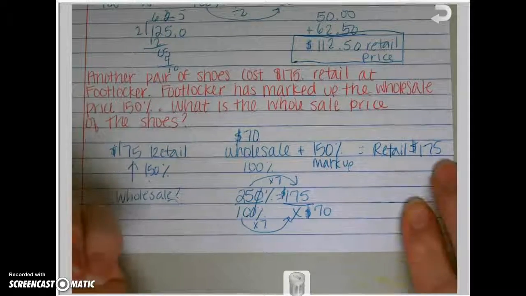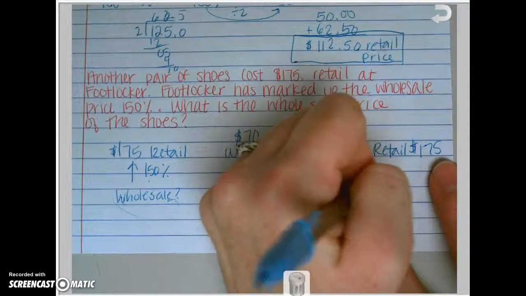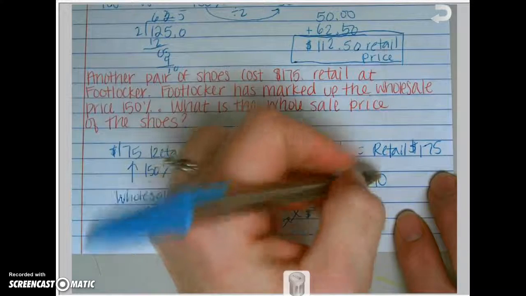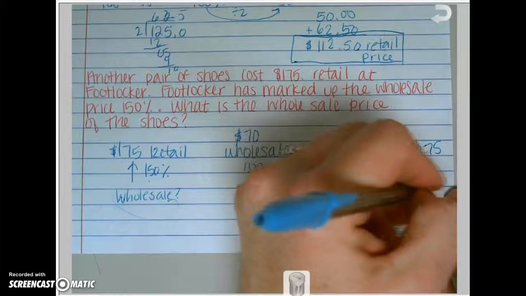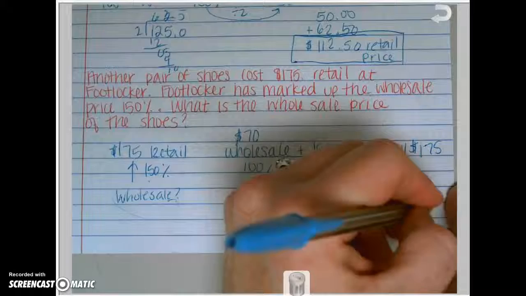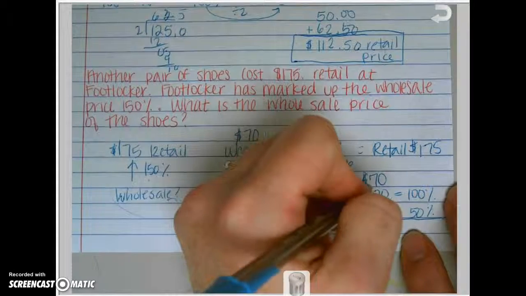I have shoes that are $70. They're going to mark them up 150%. Well, think about what is 100% of 70? 70. Let's think about 50%. 50% of 70, which would be half, would be $35. So this is my markup.